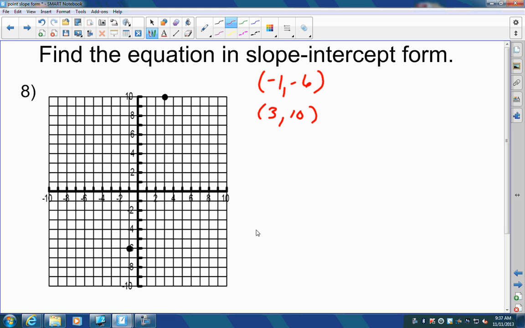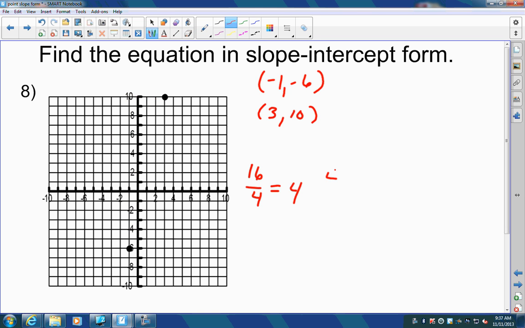If you want to find it from the graph, let's see, up 6, up 10, so that's up 16, and over 1, 2, 3, 4, over 4. Up 16 and over 4, 16 divided by 4 is 4. That's my slope. I need to find my y-intercept.